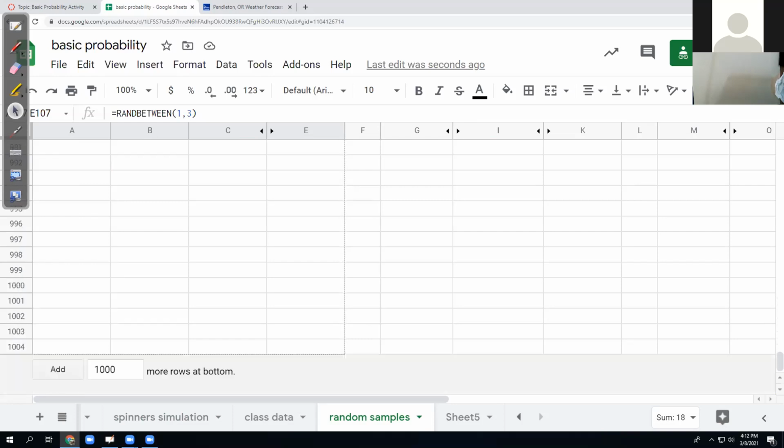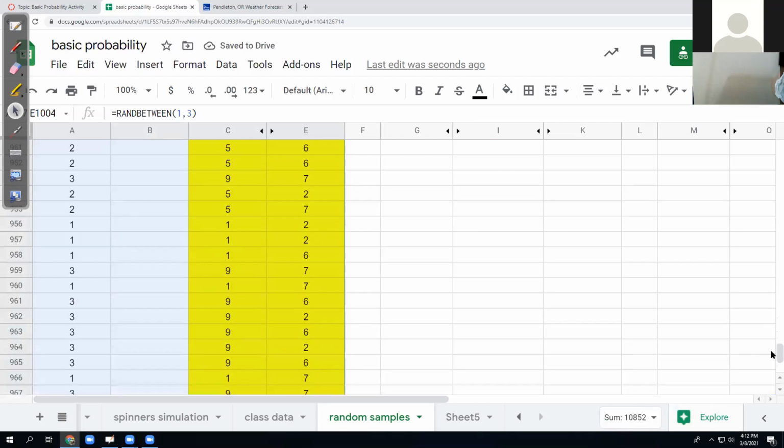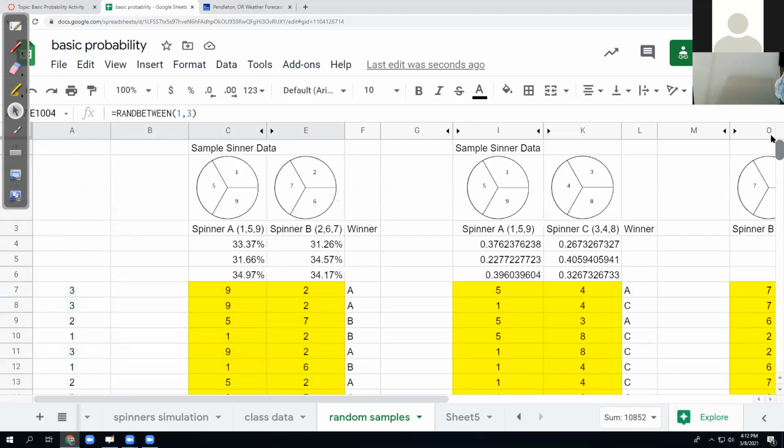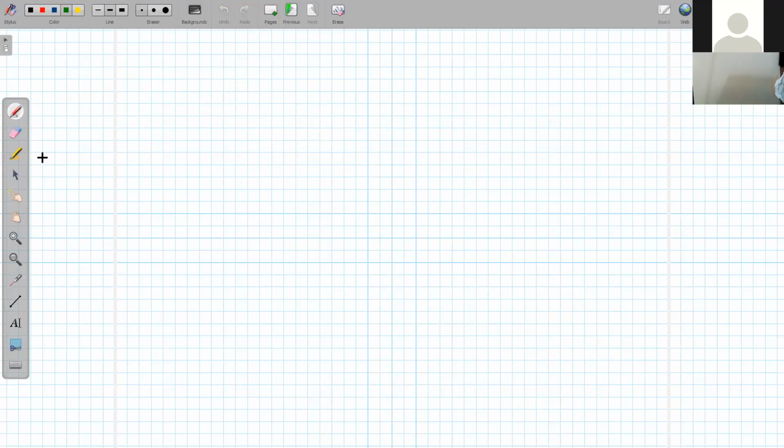Why am I doing this, you might ask? Good question. Okay, so here's a whole bunch of spinner information. I'm trying to look at the idea of the law of large numbers. Remember, what does the law of large numbers tell us? The law of large numbers connects theoretical probability to experimental probability. I want to look at that one more time.